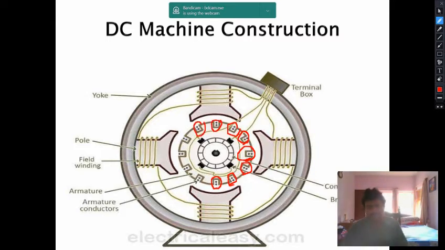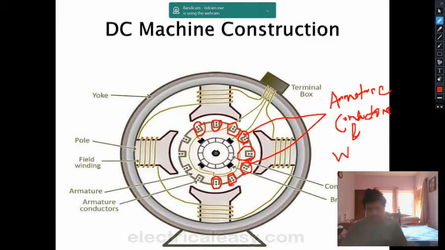So these are the armature conductors winding.